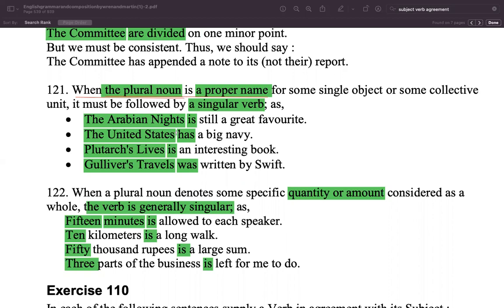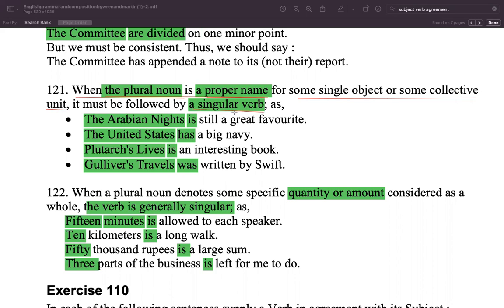These indicate a plural noun, but at the same time they are proper nouns. So for some single object or collective unit, it must be followed by a singular verb.